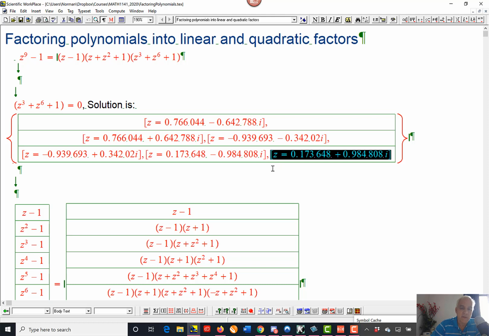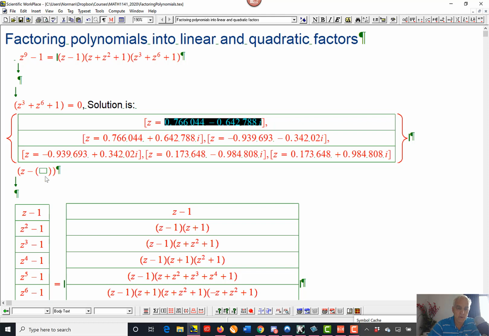So let's have a look to see what kind of factors we could get if we looked at some of these. I'm just going to do the first one. So I'm going to take 2 linear factors, one corresponding to this complex number right here, copy it, and put it in here.